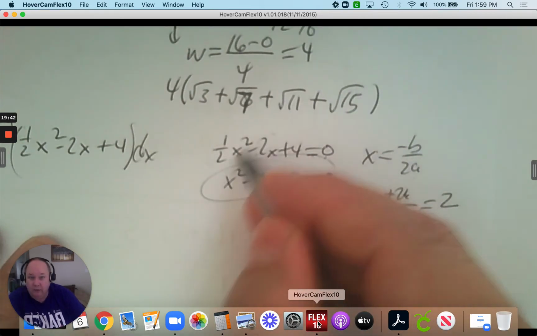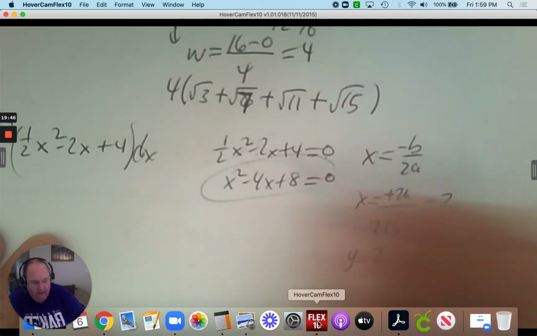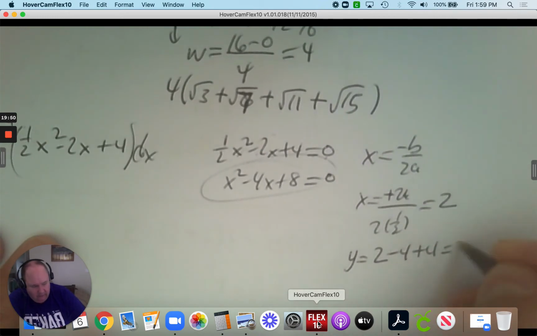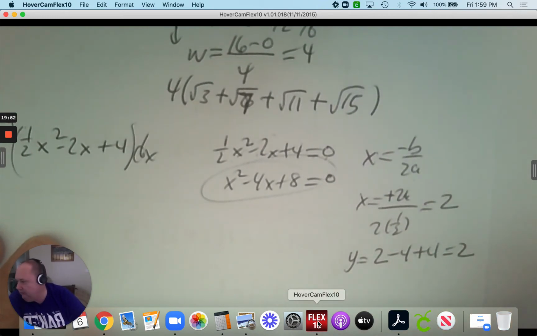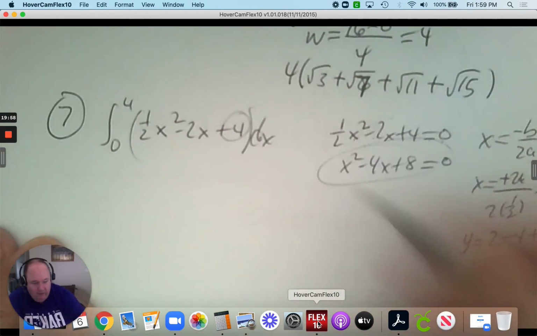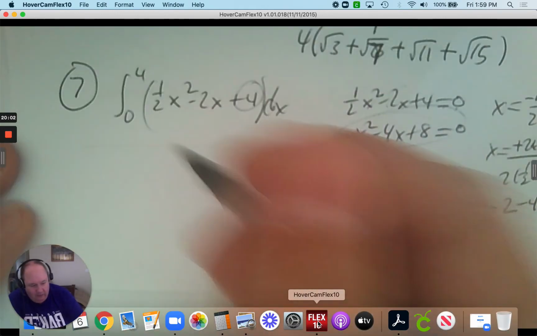So 2 squared is 4. 1/2 of 4 is 2. Negative 2 times 2 is minus 4. And then there's just a 4 at the end. So that equals 2. So it's at 2, 2. And it folds up. And the y-intercept's at 4. So that could be helpful too. So 2, 2.